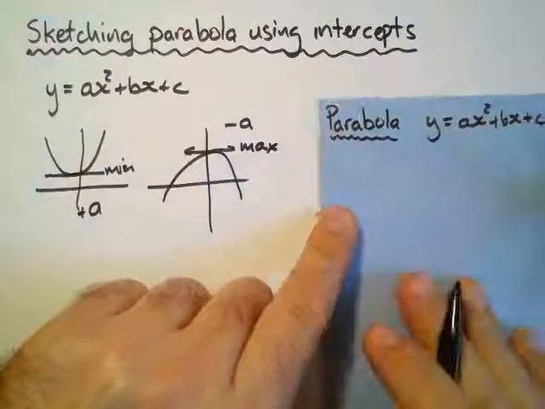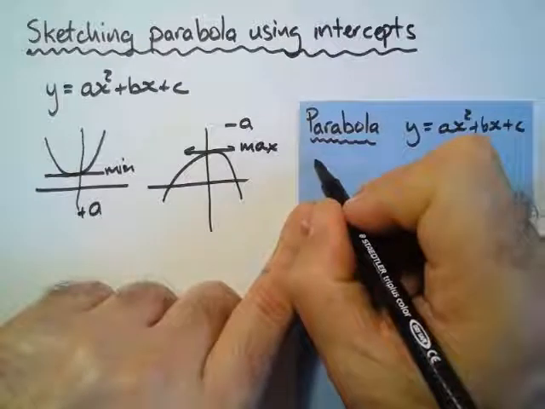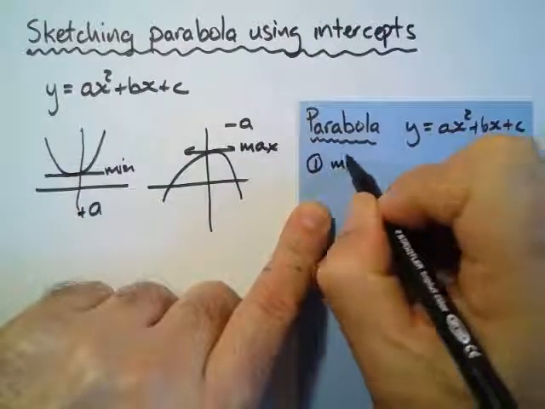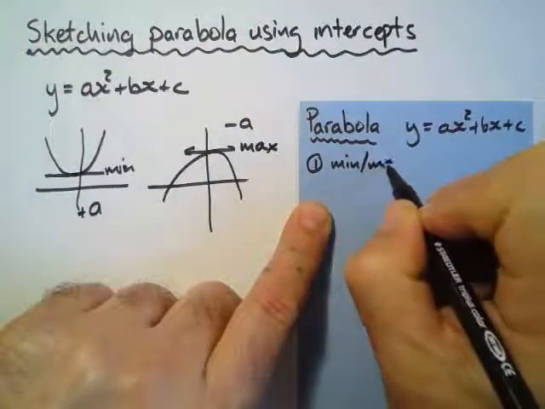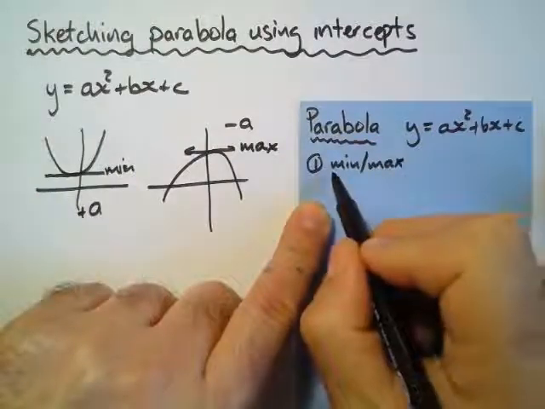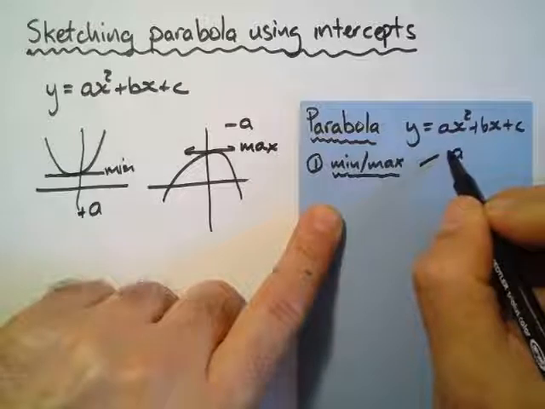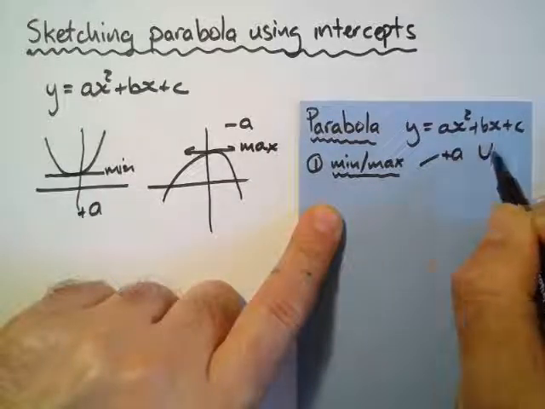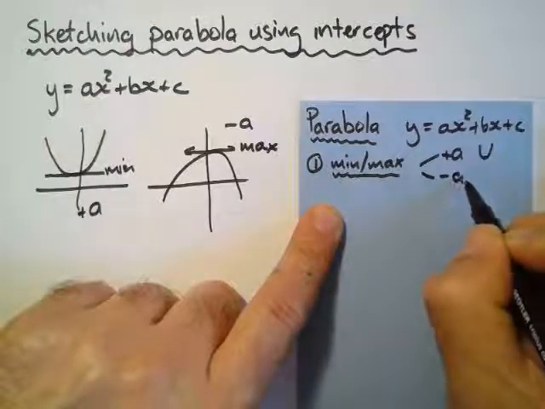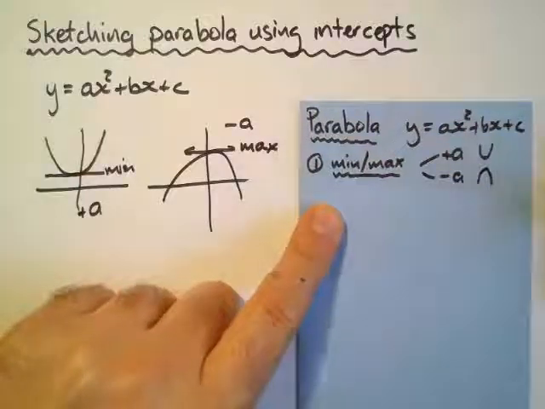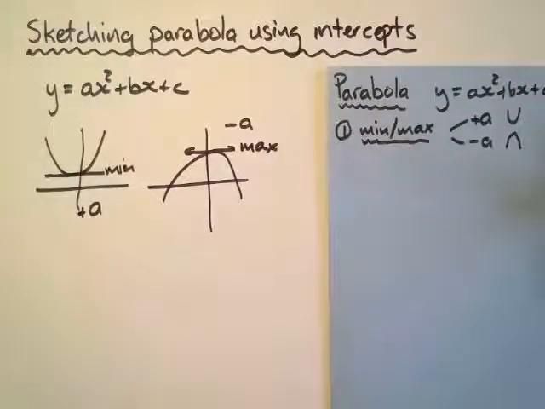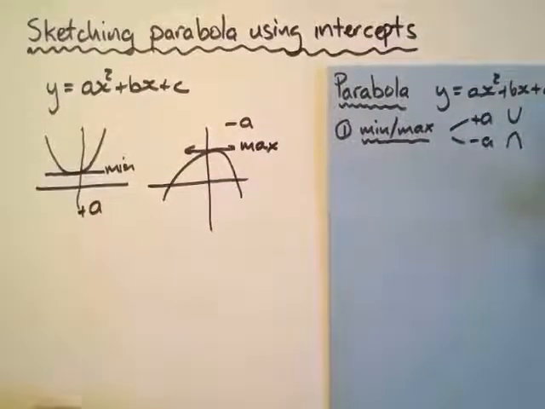So our first step is minimum or maximum. To remember which one that is, if a is positive, I'm smiling, negative a, I'm frowning.